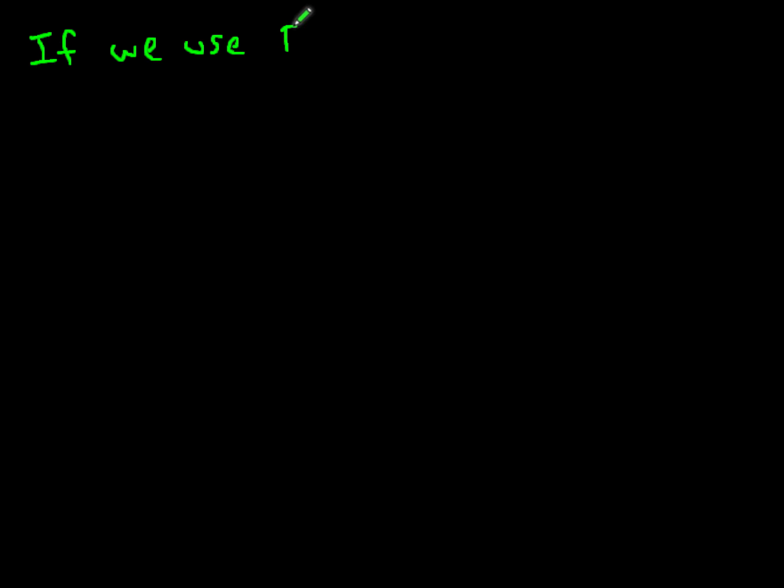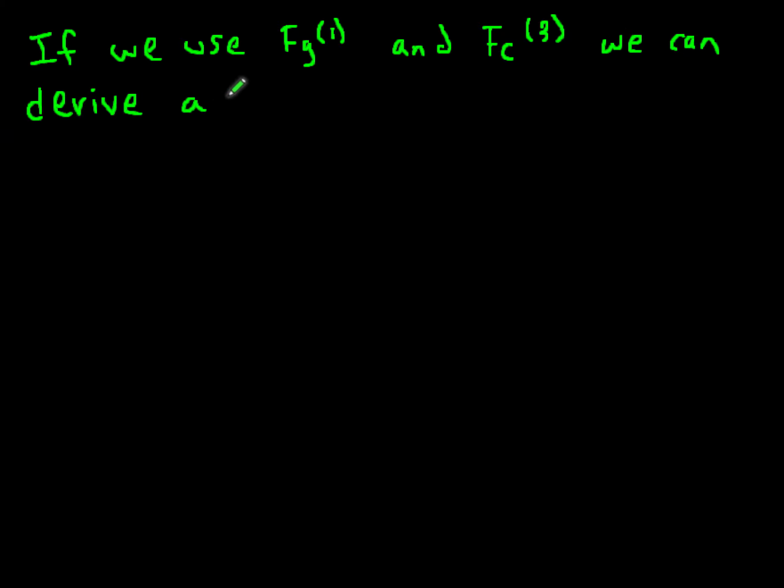We can also combine the other circular motion formula with the force of gravity formula. So we'll look at force of gravity formula 1 and Fc formula 3. And when we do this, we can derive a new formula for the speed of a satellite.